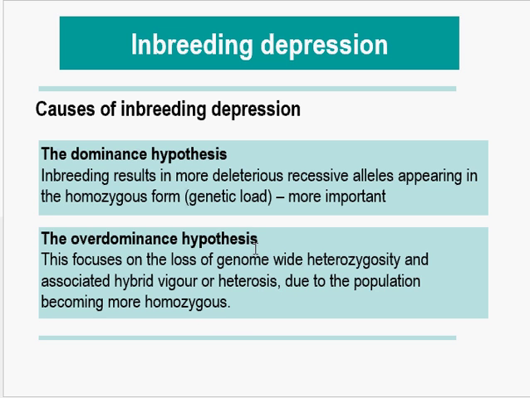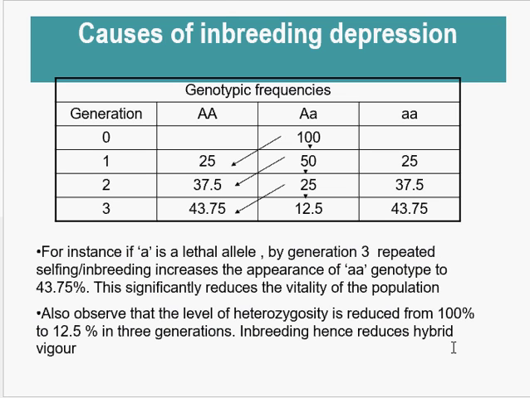So if you study this slide, you can see that if the AA genotype is lethal, a lethal allele, then all of these individuals will die. And so the genotypic frequencies as you go down will become more and more of the dominant A type, which is non-lethal, and the lethal recessive will effectively be winnowed out of the population. So that heterozygosity is reduced from 100% to 12.5% in 3 generations, if that is the case.